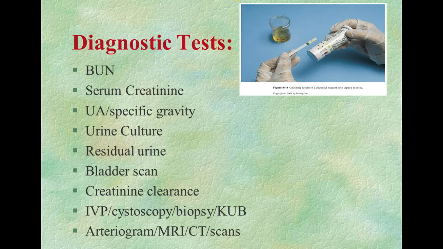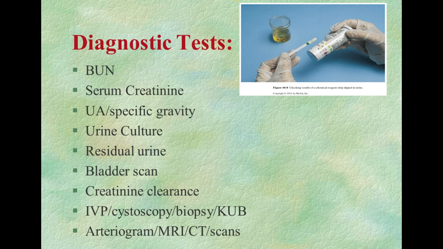A urinalysis specific gravity looks at urine concentration and the patient's hydration. A urine culture checks for infection. Residual urine is urine that is in the bladder after a void, and is typically obtained either through a straight cath, where the nurse has then drained what's left from the bladder, or via bladder scan, which is an ultrasound of the bladder and identifies the volume left in the bladder.